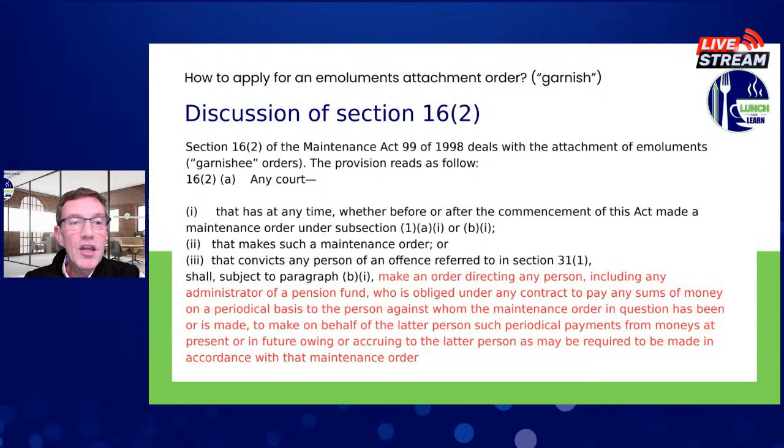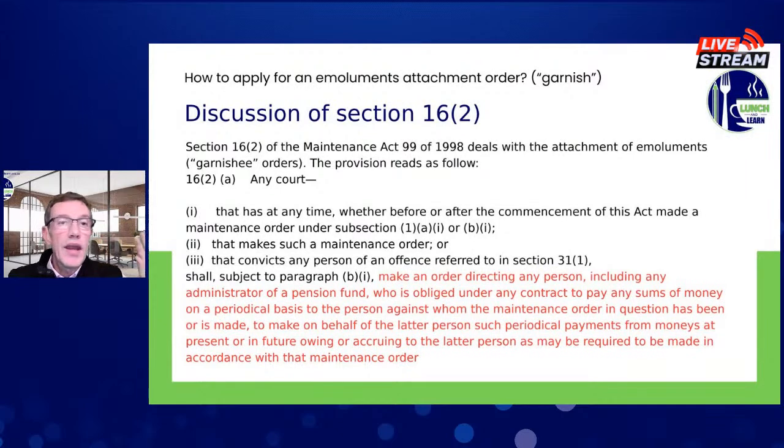The court shall make an order directing any person, including the administrator of a pension fund, who is obliged under any contract to pay any sums of money on a periodical basis, usually a monthly basis, to a person against whom the maintenance order in question has been made, or to make on behalf of the latter person such periodical payments from monies at present or in future owing or accruing to the latter person as may be required to be made in accordance with the maintenance order.